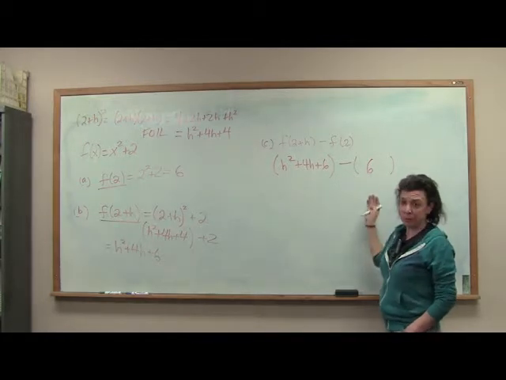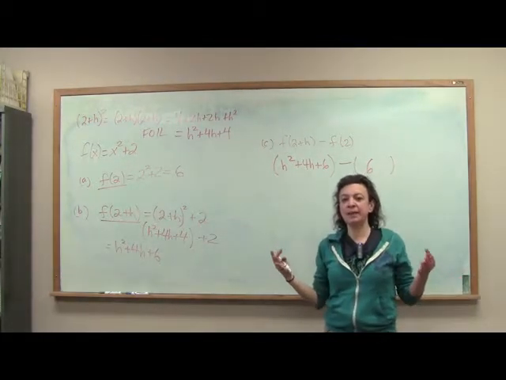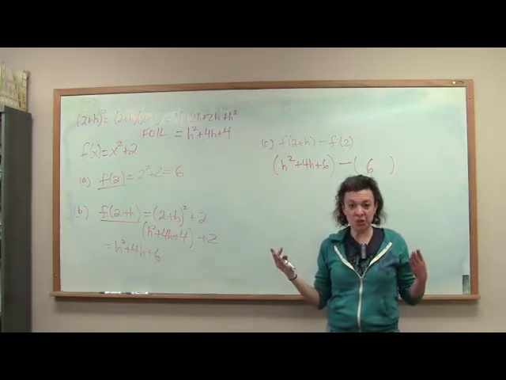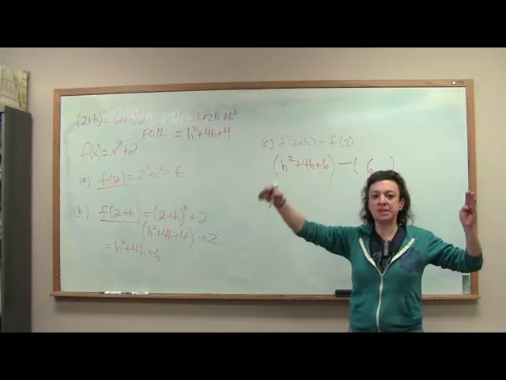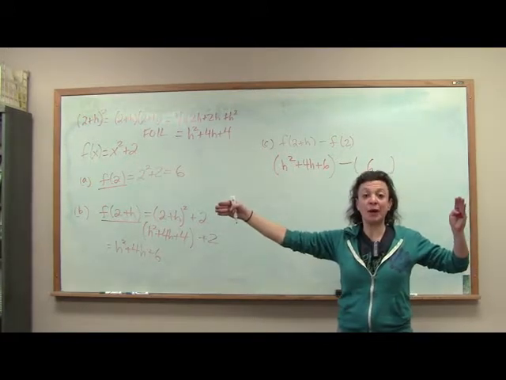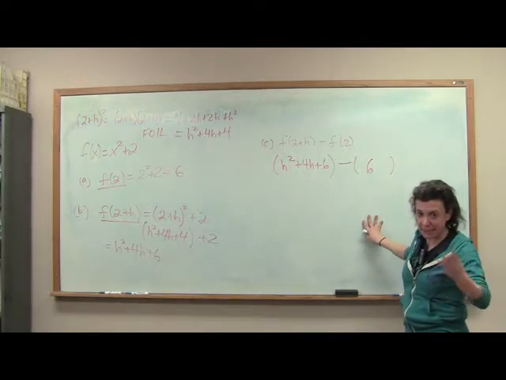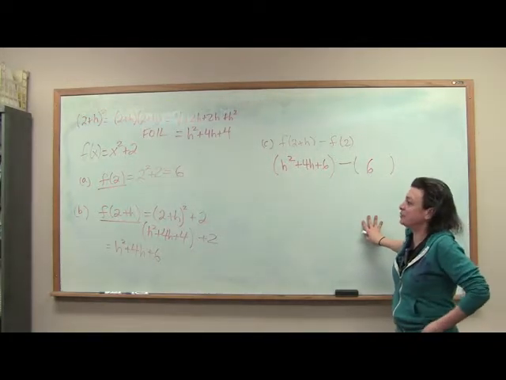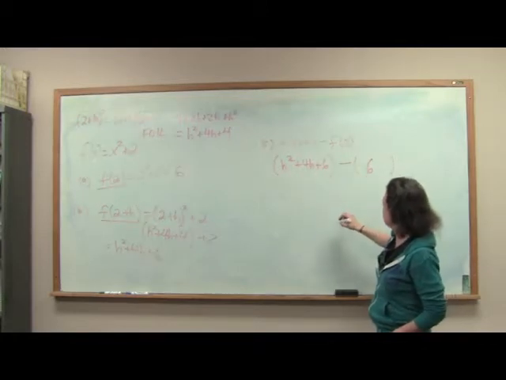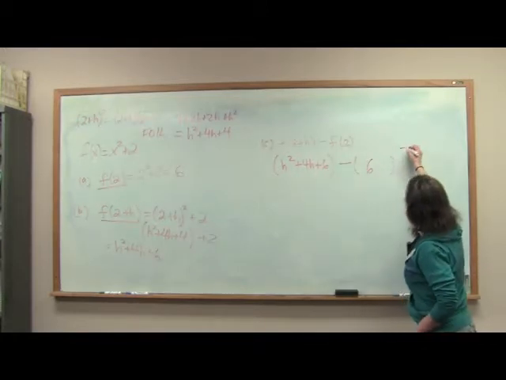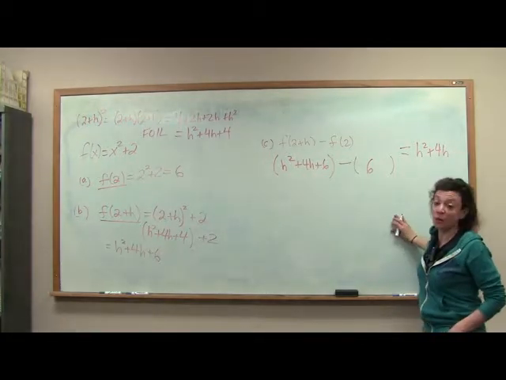Now, why did I put parentheses? Because whenever I'm subtracting something that may have more than one term, remember you need parentheses so that you remember to distribute your negative sign throughout the parentheses. That's not an issue here, but I like to keep doing that so we don't forget. Well, all we have here really is 6 minus 6. So what we get here then is h squared plus 4h.